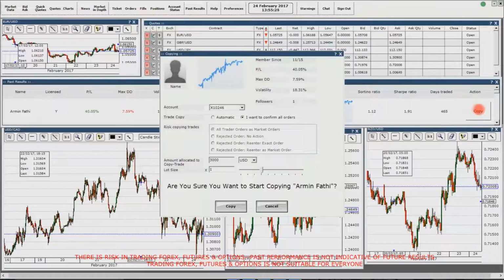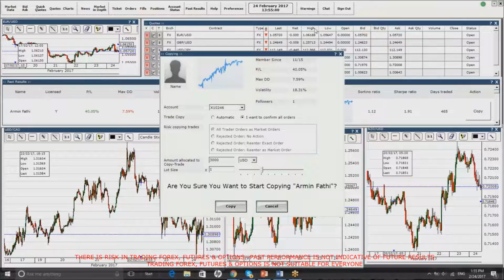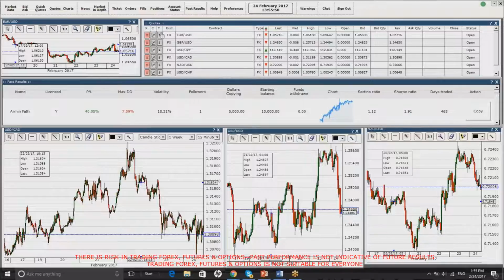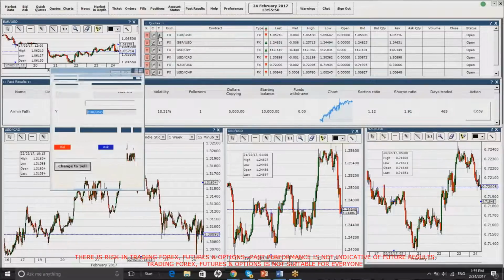However, once you stop copying somebody, you also have to go, let's say that loss would be in a euro over US dollar contract. Let's say you're losing $500 there, you don't like it, you press this dollar button here, like I'm going to do it real quick, and a ticket would open up. You would see that I bought the euro, and you would want to offset that trade on your own.